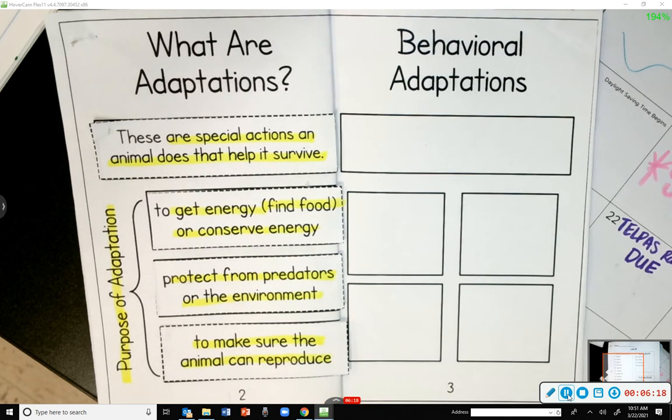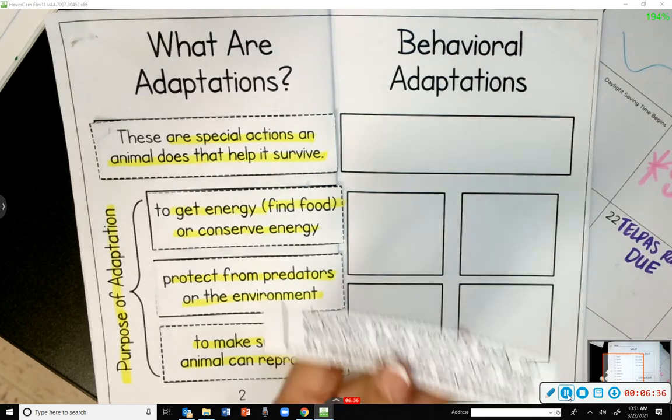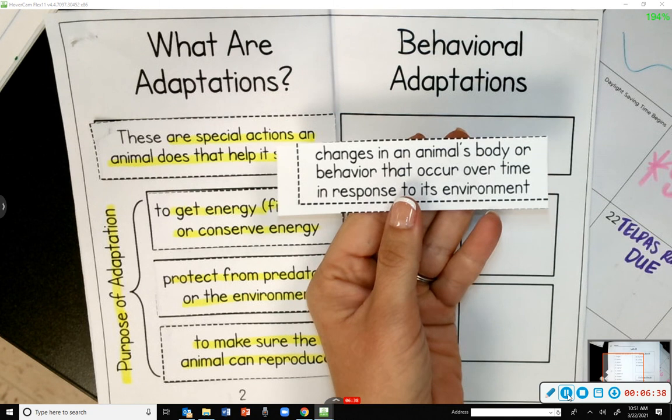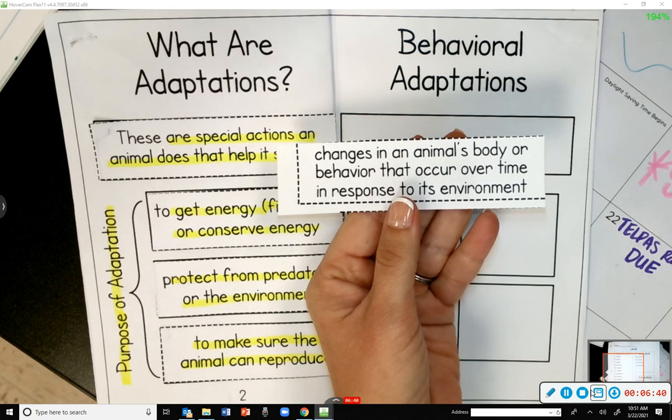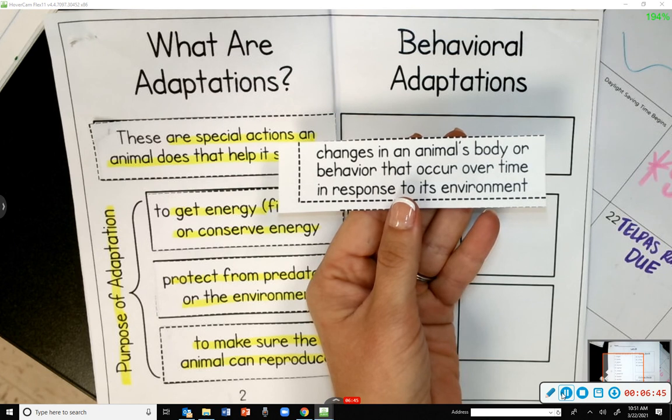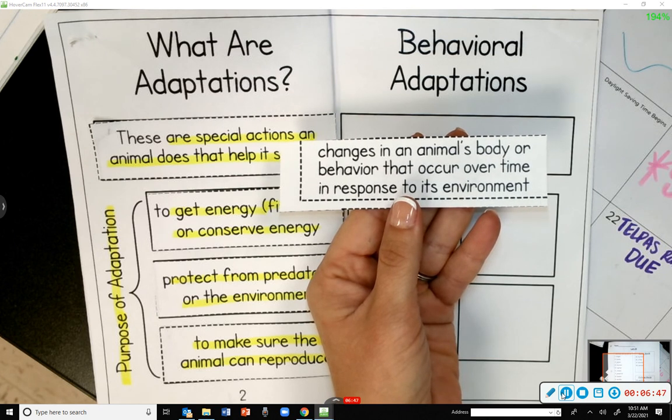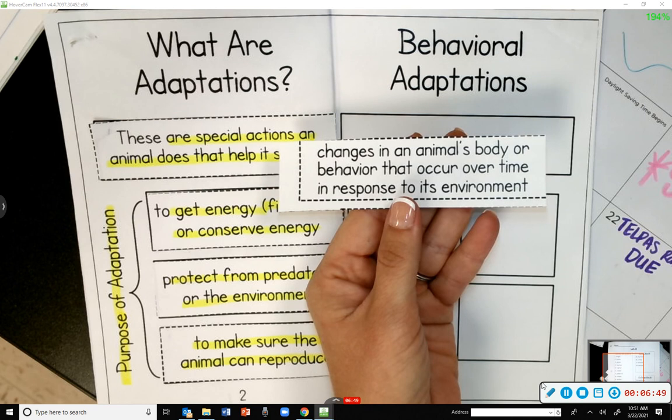So, behavioral adaptations are special features or changes in an animal's body or behavior that occur over time in response to their environment. So, the box we need to cut out now is this one. Changes in an animal's body or behavior that occur over time in response to its environment.